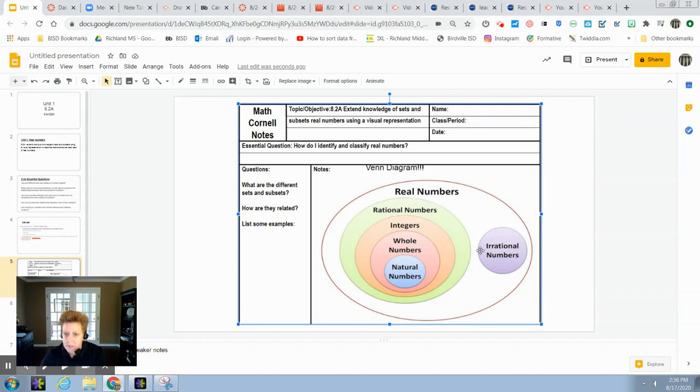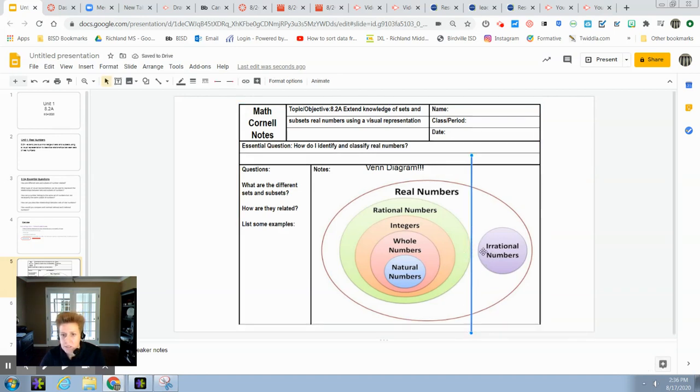And then this section over here is irrational numbers. But that section over there is not part of this section because it doesn't touch each other. Okay, so irrationals have their own numbers and rational numbers have their own numbers.